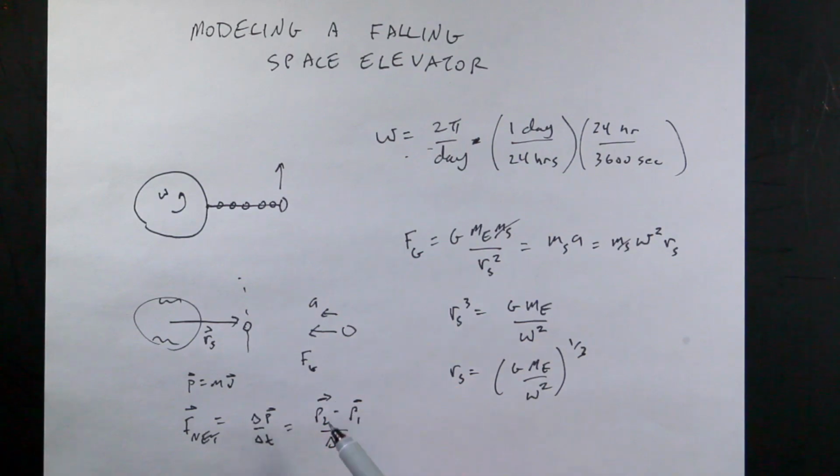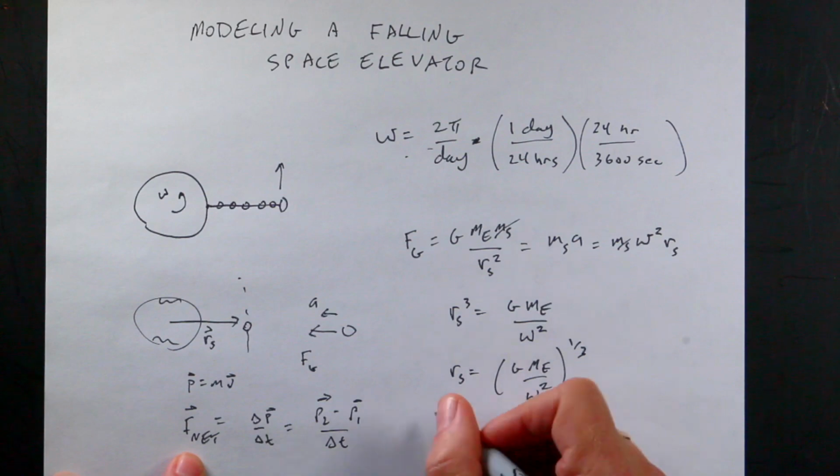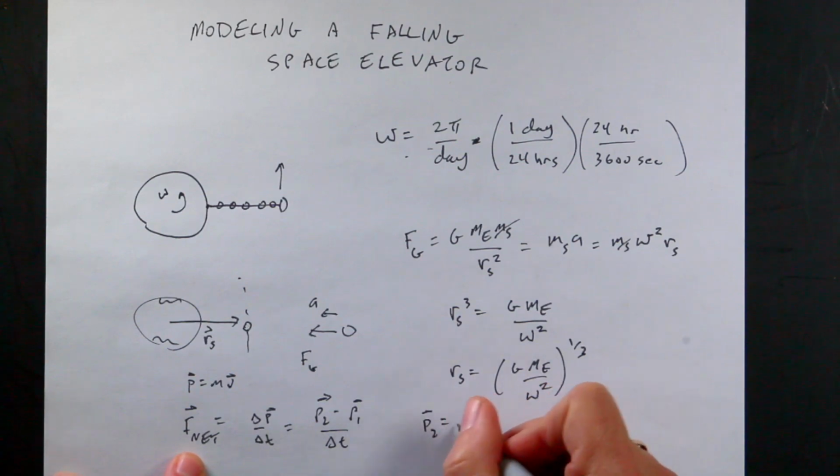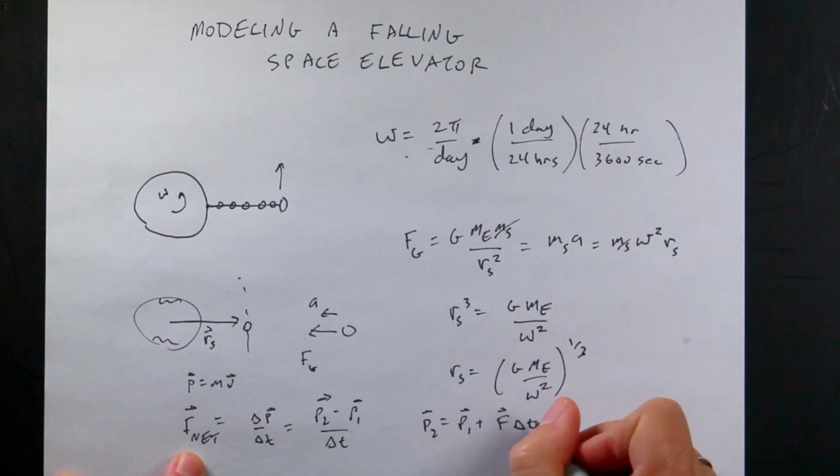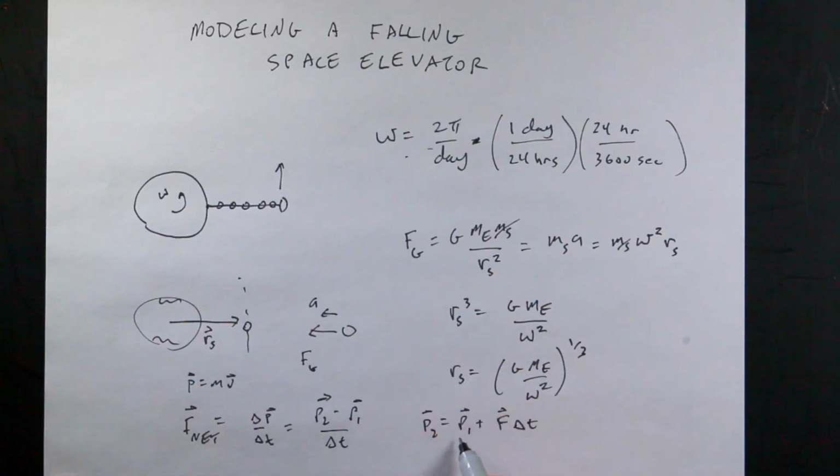So this says that if I break this into a small time step, which I did, then I can calculate the force, which is only going to be the gravitational force. And if I know the momentum at the beginning of that time interval, I can find the momentum at the end. P2 equals P1 plus F delta t, where that's F net. But I need to know the starting momentum, vector.